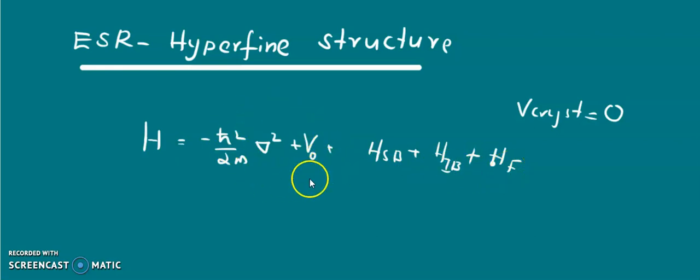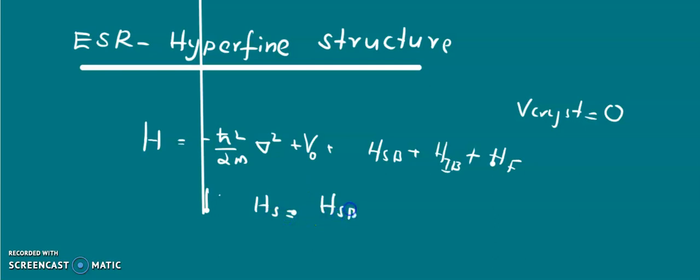So, here these two are there even in the absence of magnetic field. So, these are field free terms, and we neglect those terms, and we study the effect in the presence of the magnetic field. So, the spin Hamiltonian is approximated as Hs is equal to HSB plus HIB plus HF.